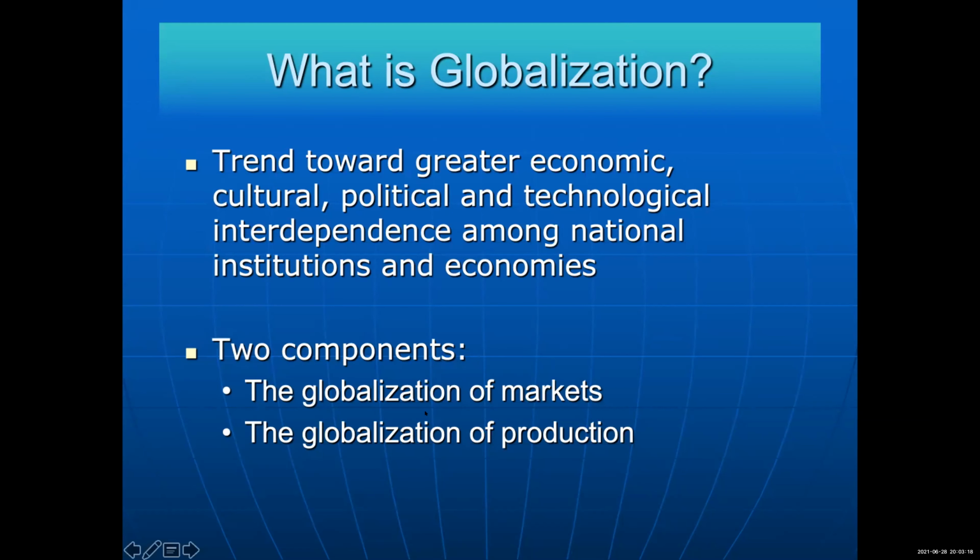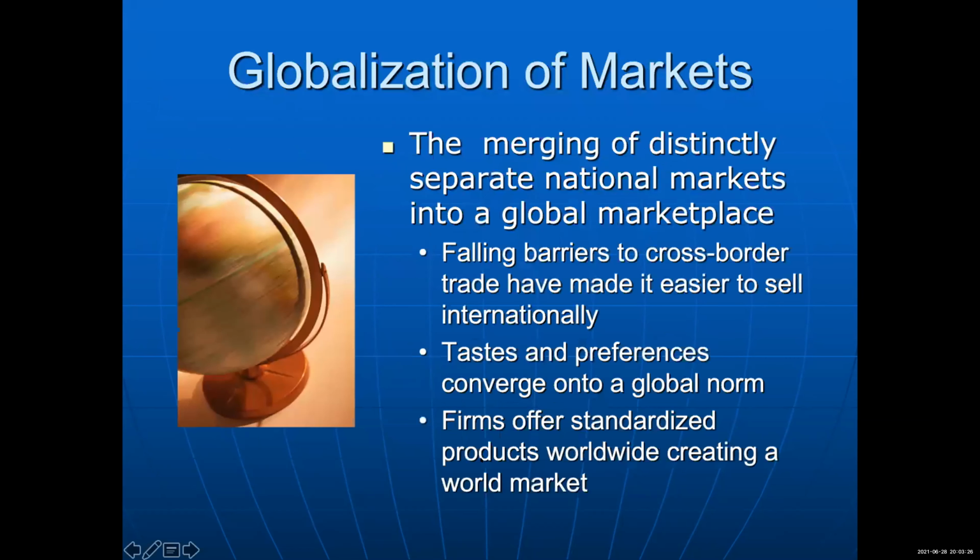And for this course, we're going to look at the globalization of markets and the globalization of production, which can be quite political, especially when you're talking about developed and developing countries. And I'm sure you have heard of discussions about countries that allow, for example, child labor.